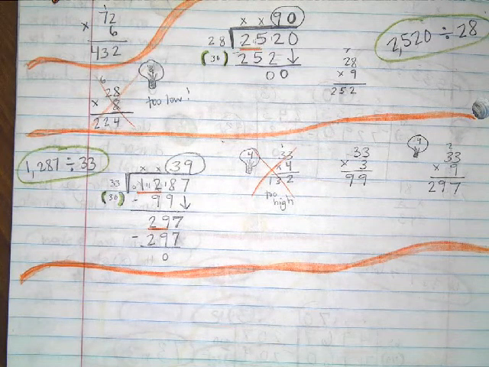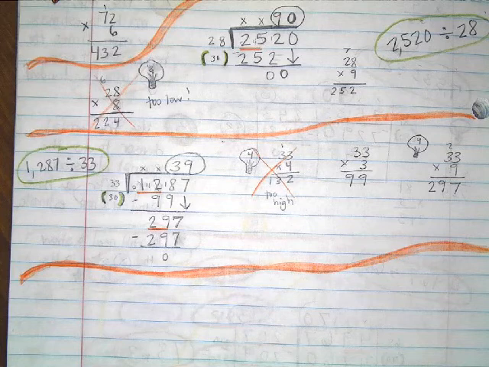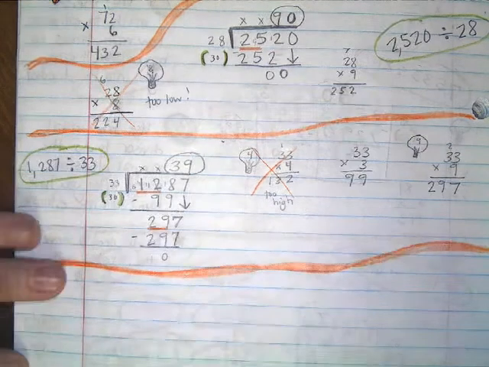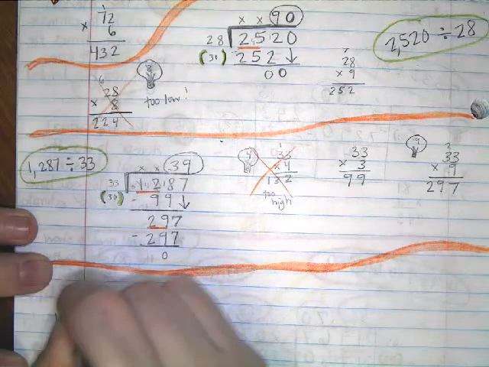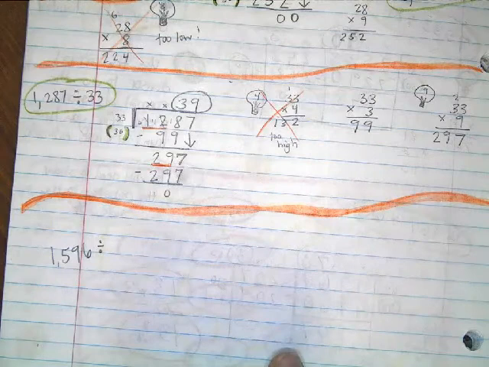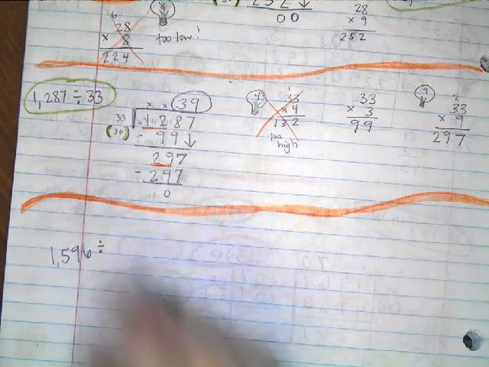Let's do 1615. Actually, I don't want to do that. I want to do this one. I want to do 1596.